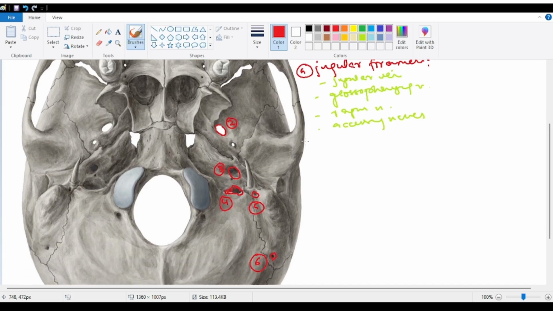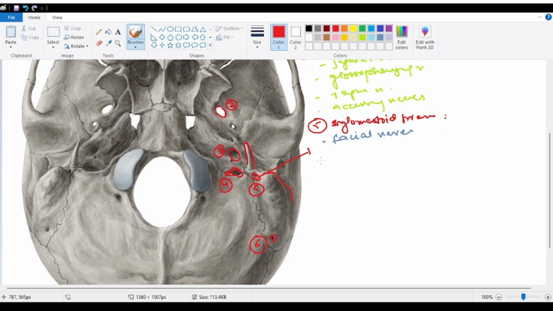The fifth foramen is here between the styloid process and the mastoid process. In between, there is the stylomastoid foramen, and the facial nerve exits here. Then you can see the sixth foramen that I've labeled as the mastoid foramen.